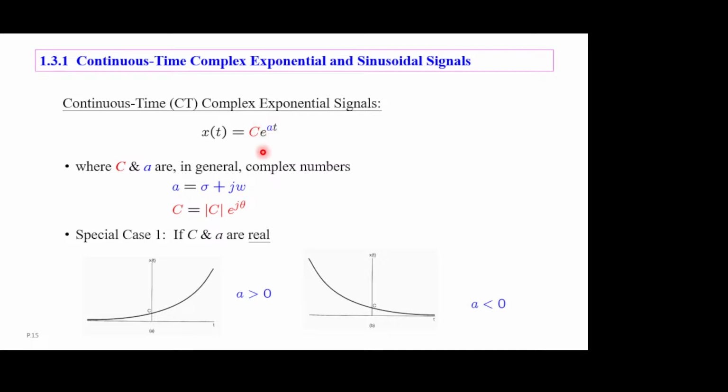In general, a continuous time complex exponential signal is x of t equal to c e to the a t. As we say, it's a complex exponential, so c and a in general are complex.